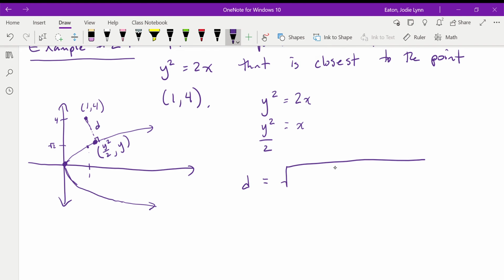So d is equal to the square root of (x2 minus x1) squared plus (y2 minus y1) squared, using our distance formula.